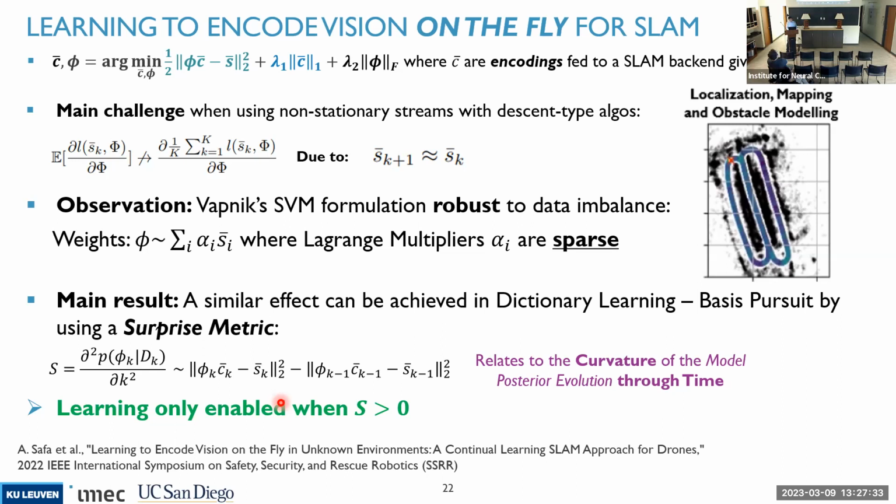So we just have this surprise metric, which is the difference between successive errors. Each time S is positive, we simply perform the gradient step. If S is negative, we don't perform it. With a CDP, we just turn it on and off. And as you can see, when the surprise is negative, we are in fact assigning a Lagrange multiplier of 0 to that input.